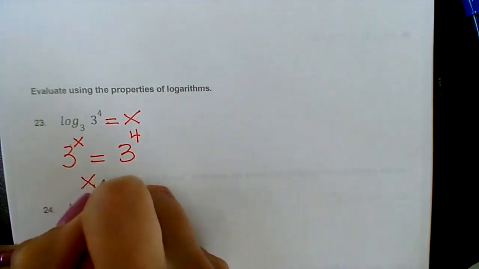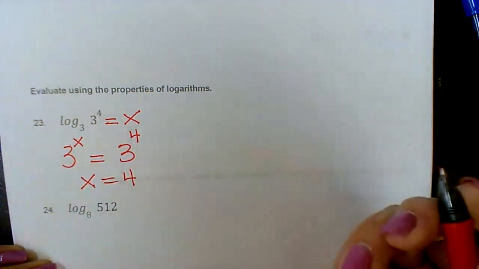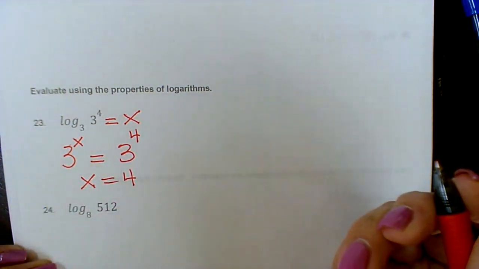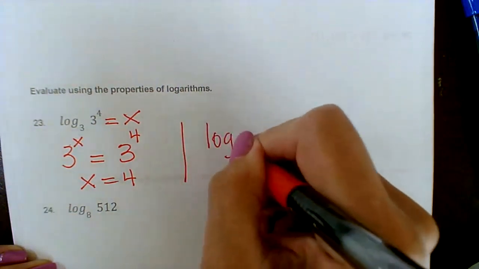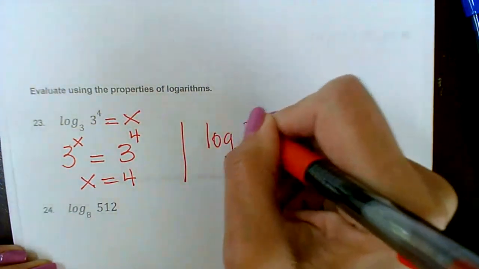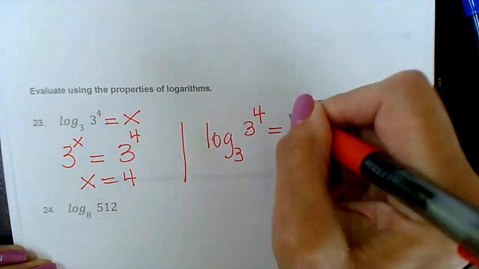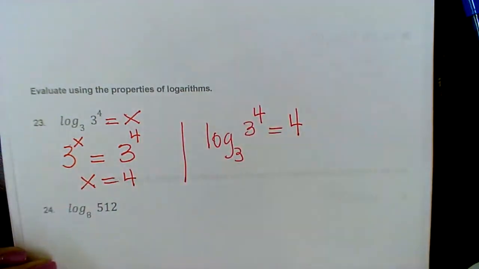Same base, x is equal to 4. So log base 3 of 3 to the 4th power is 4. Okay.